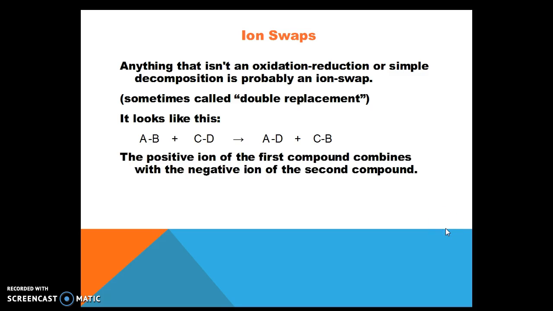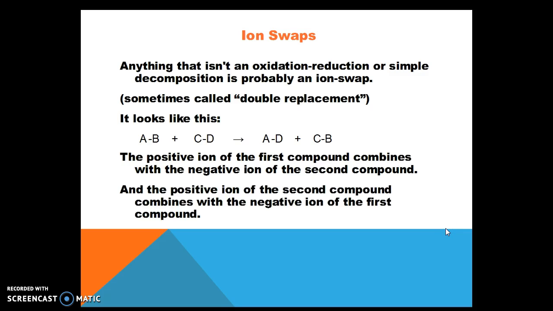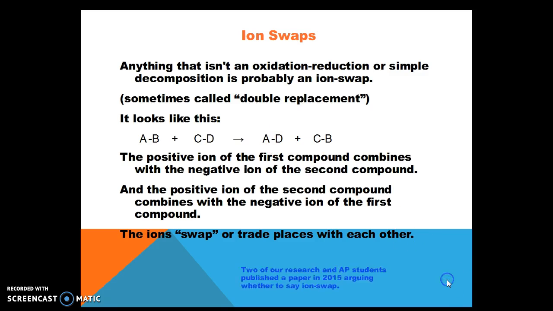The positive ion of the first compound combines with the negative ion of the second compound, and the positive ion of the second compound combines with the negative ion of the first. The ions are swapping or trading places with each other. Instead of B here, you see D in the compound in the product.